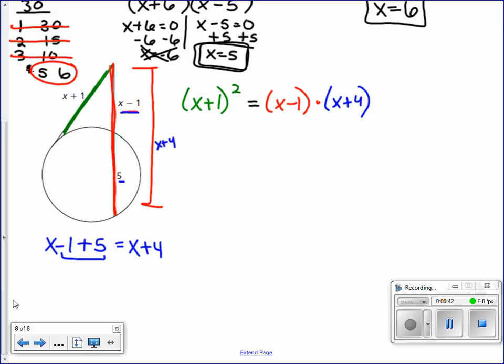So one more time, your tangent piece squared equals, on the secant, the outside piece, which is the x minus 1, times the entire side, which if you add those together, you get x plus 4. Now, x plus 1 squared, anything squared, is something times itself.